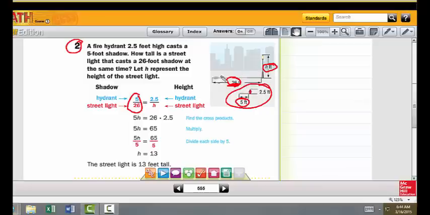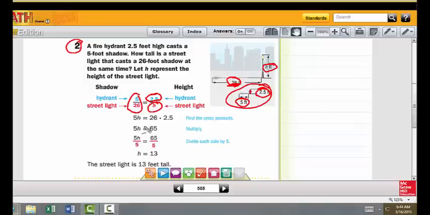So the way I read this is 5 is to 26 as 2.5, that's the height of the hydrant, is to the height of the street light. Now there's lots of different ways that you can set up these proportions.